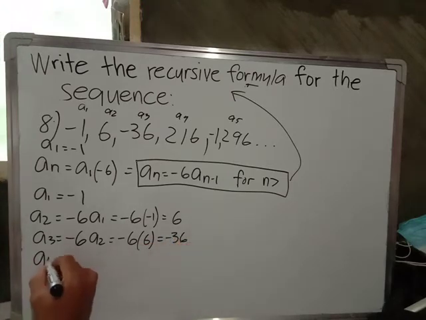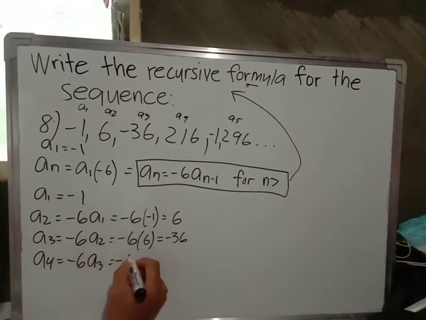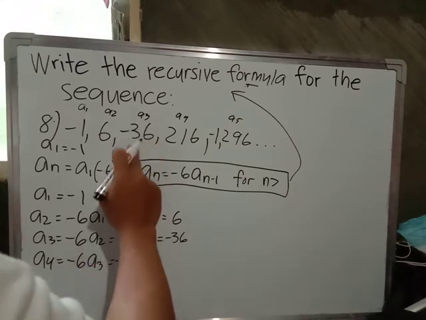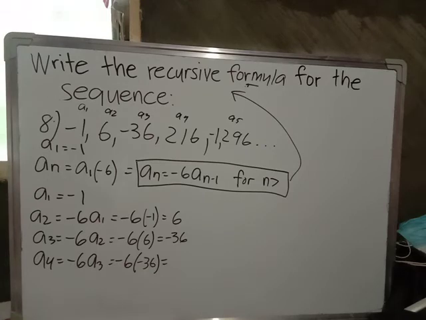Then E4 is equal to negative 6 times E_(n-1). 4 minus 1 is 3. So, E3 natin is negative 36. Negative 6 times negative 36 is positive 216. Then E5 is equal to negative 6 times E4. 5 minus 1 is 4.